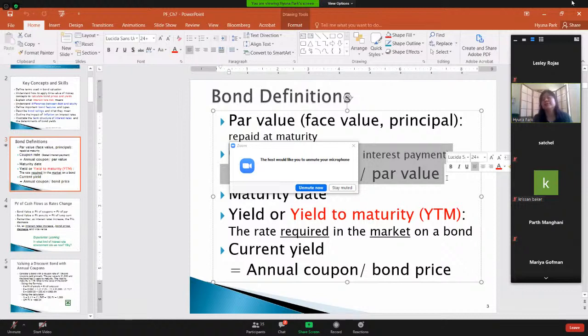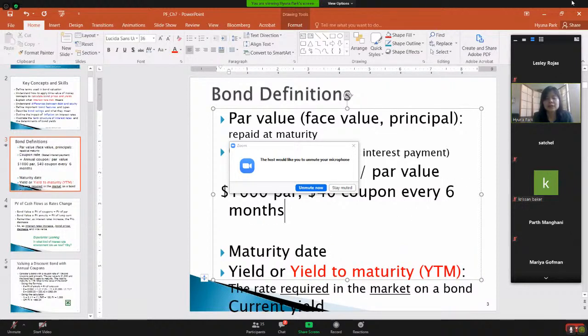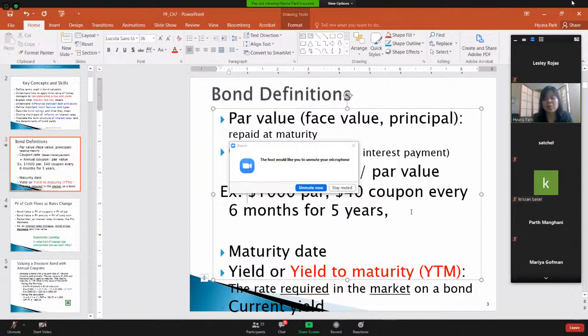So let me write down a question. $1,000 par value, $40 coupon every 6 months, for 5 years. So this is an example. What is the coupon rate of this one?